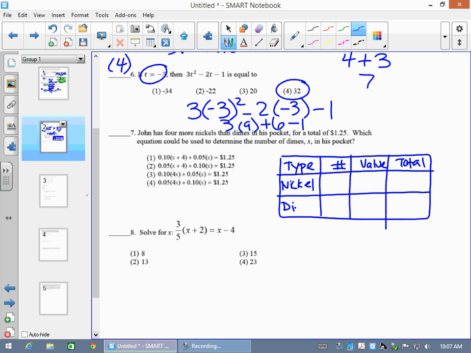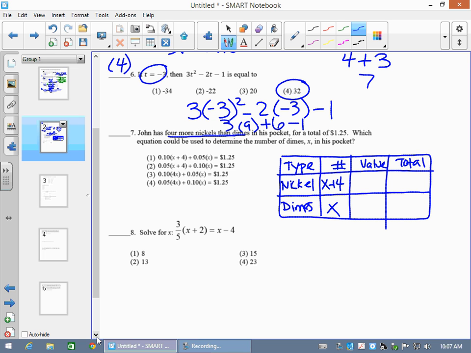So they say John has 4 more nickels than dimes. So I'm comparing to dimes, so dimes is my x, and I have 4 more nickels than dimes, so that's x plus 4 or 4 plus x. And it says it's a total of $1.25. Which equation could be used to determine the number of dimes? They don't actually want us to solve, they just want us to set up the equation.